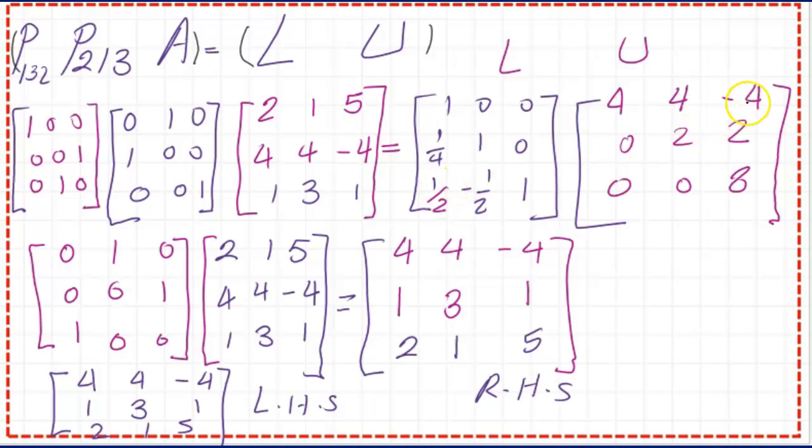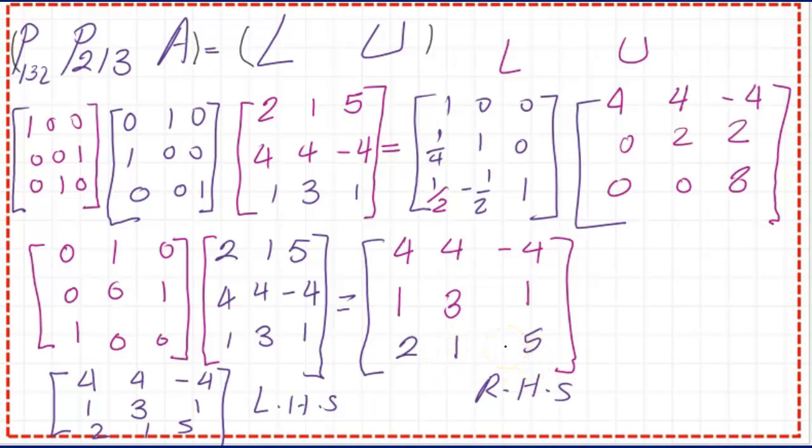Then 1 over 2 by minus 4 is minus 2, minus 2 minus 1 is minus 3, plus 8 we have plus 5. This is the right-hand side: 4, 4, minus 4, 1, 3, 1, 2, 1, 5.